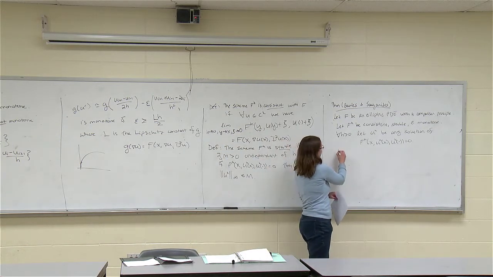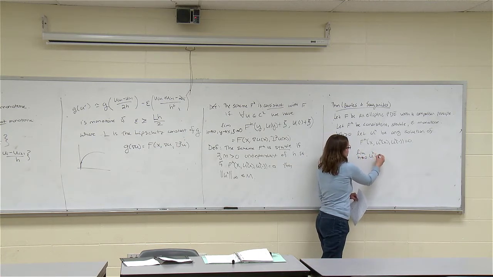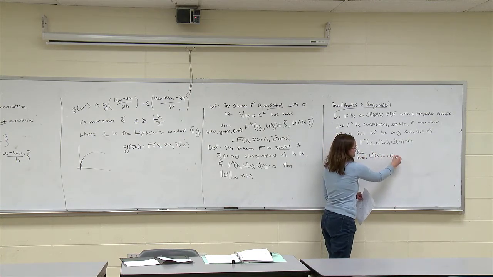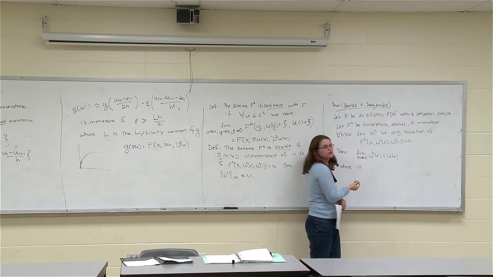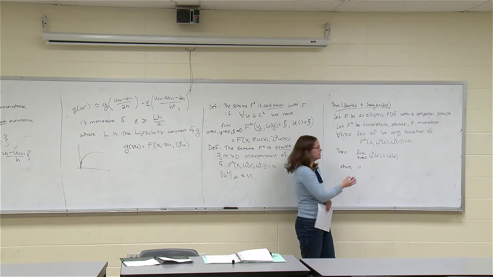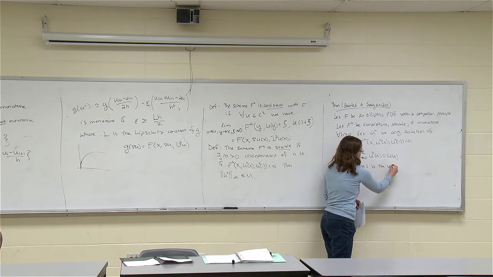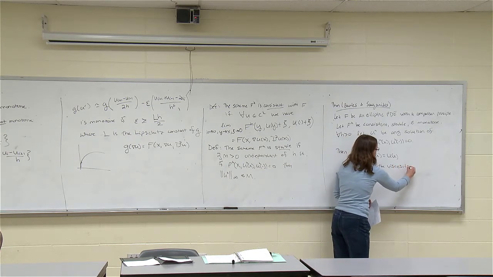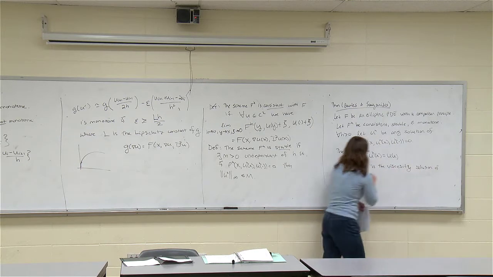Then the theorem says that as we take h to 0, so as we refine our grid, we're going to get convergence to the viscosity solution of the original PDE.